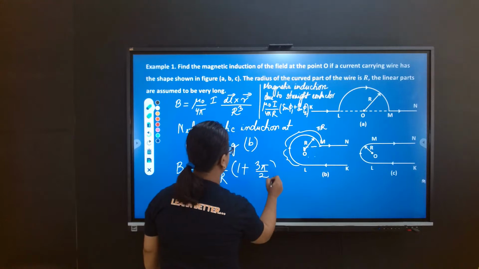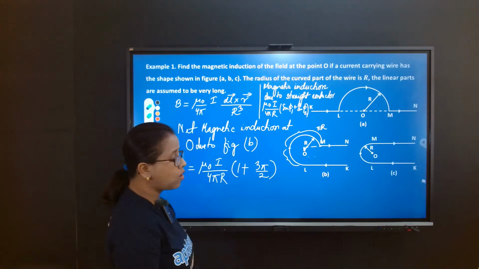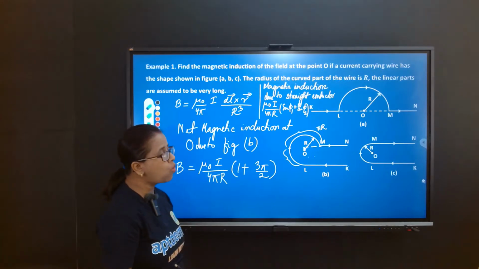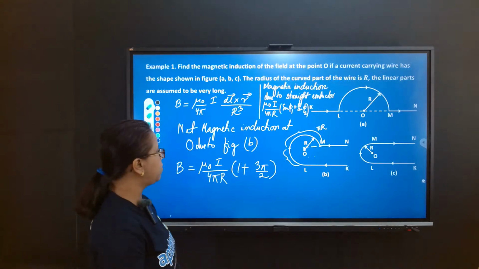So we can very well solve this out. This is the net magnetic induction at O due to the figure B.